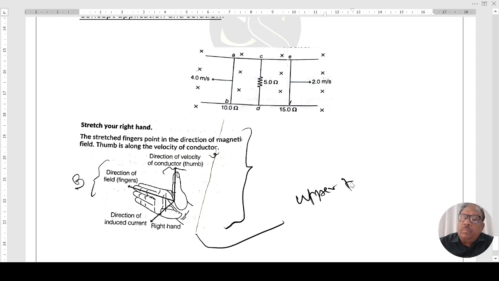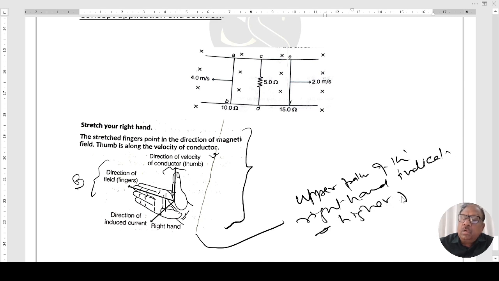The upper palm of the right hand indicates higher potential, and the lower palm indicates lower potential.